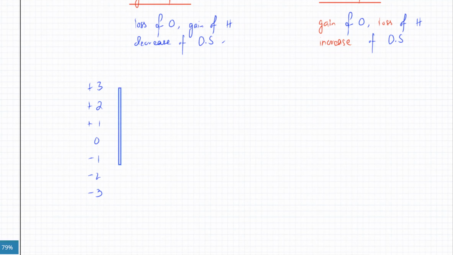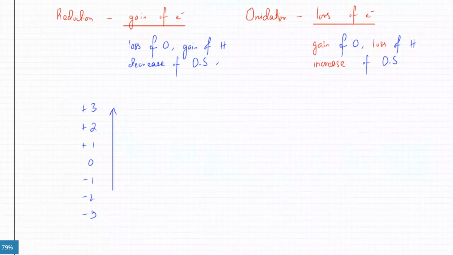So if the charge is increasing, what is happening? Is it oxidation or is it reduction? We just wrote this down: an increase of oxidation state is oxidation. That means they're losing electrons. There's a loss of electrons happening, and this is oxidation.